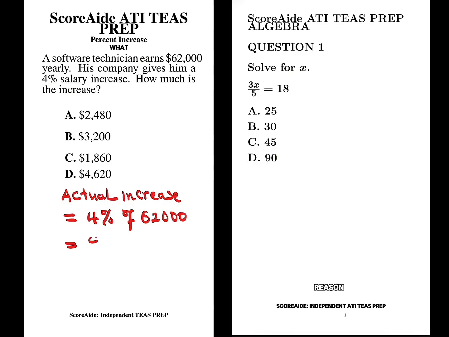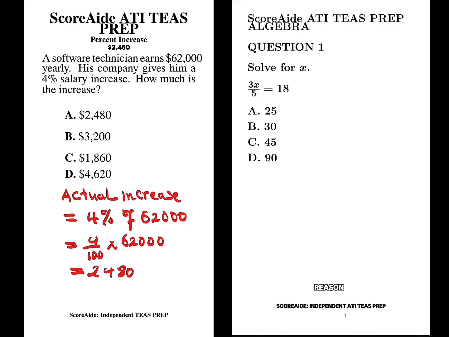So this is 4/100 times 62,000, which is equal to 4 times 620. This gives us 2,480.